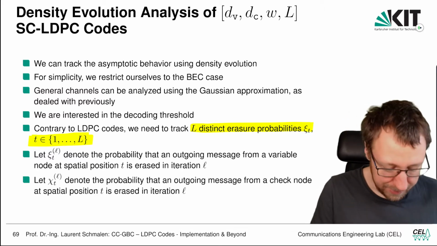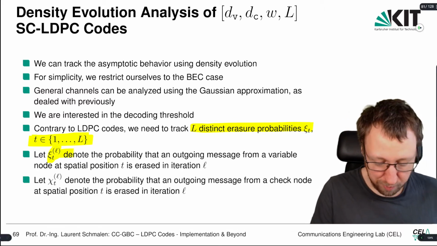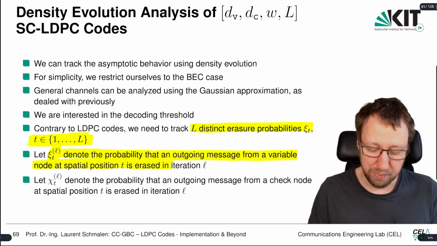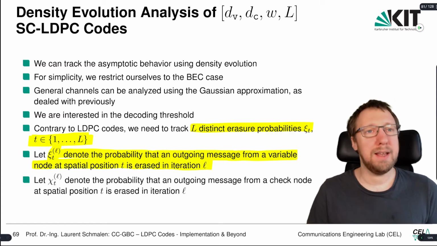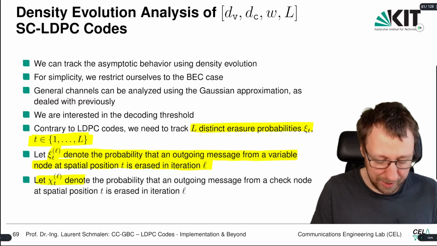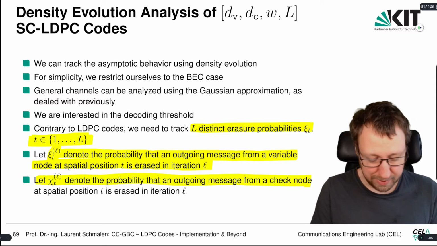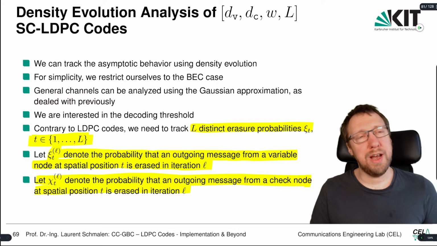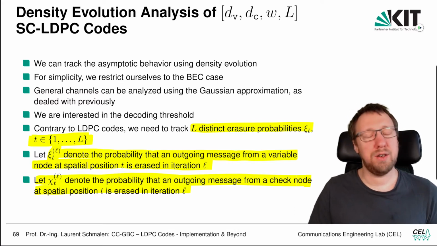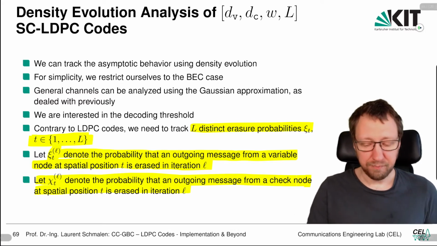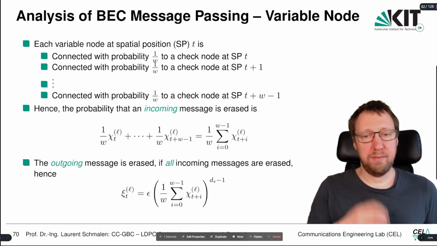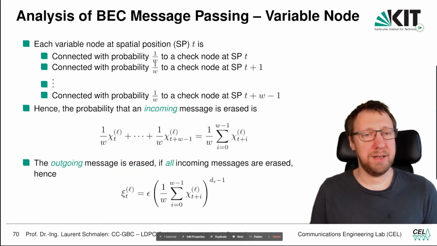So c_t^l is the probability that an outgoing message from a variable node at spatial position t is erased in iteration l. And chi_t^l is the probability that the outgoing message from a check node is erased at spatial position t in iteration l. And now we are looking at calculating those messages specifically.